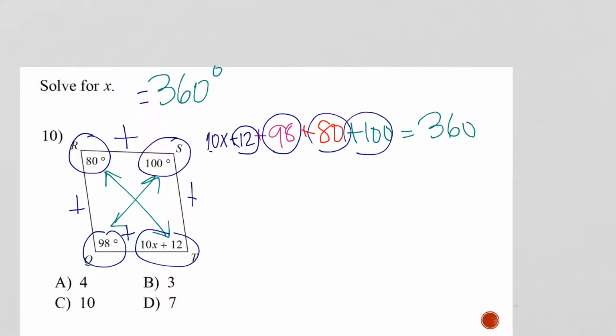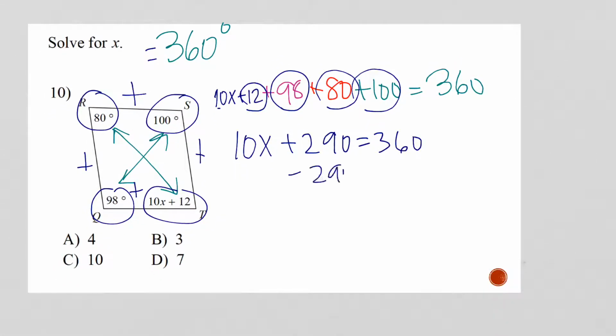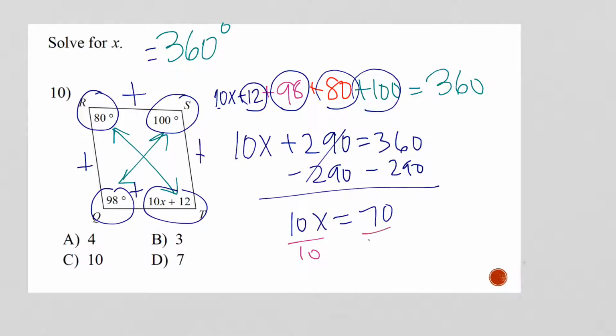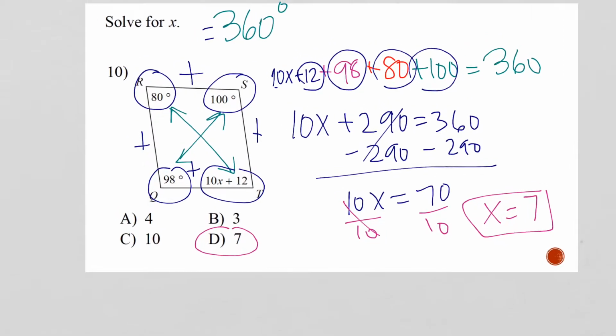That'll be 290, I believe. It's equal to 360. I'm going to subtract 290 degrees from both sides of my equation, and that's going to leave me with 70. And then when I divide both sides of my equation by 10, I end up getting 7. So my answer is D.